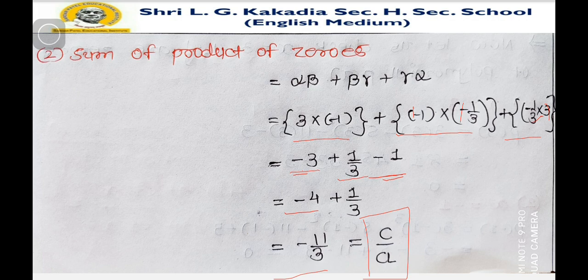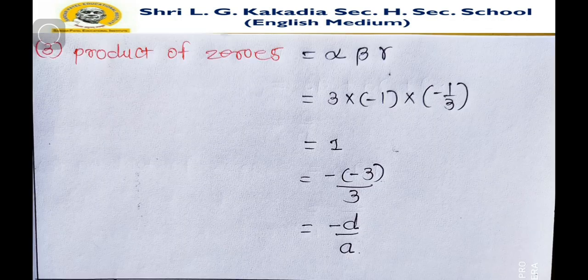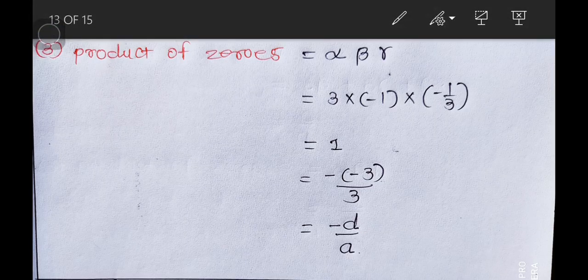Now the third relationship, the product of zeros, is given as alpha beta gamma. Alpha is 3, beta is minus 1 and gamma is minus 1 over 3.